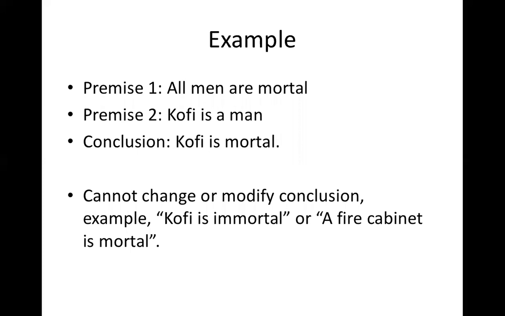And then when you look at premise 2, premise 2 is saying something about premise 1. Premise 2 is referring to premise 1. You notice that premise 1 is making a general argument, but premise 2 is referring to premise 1.